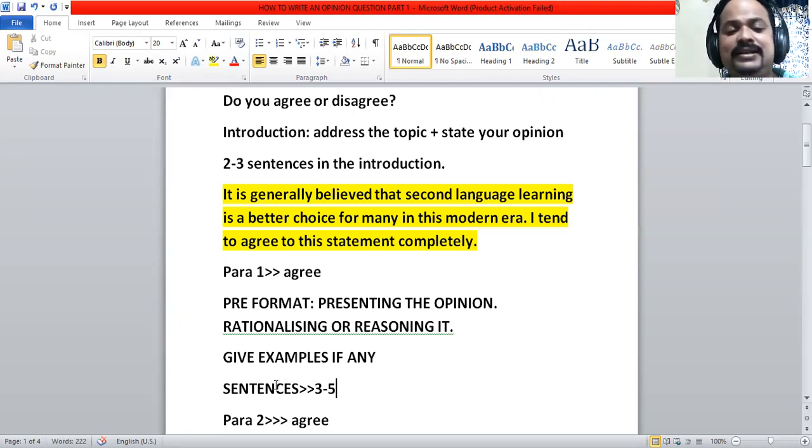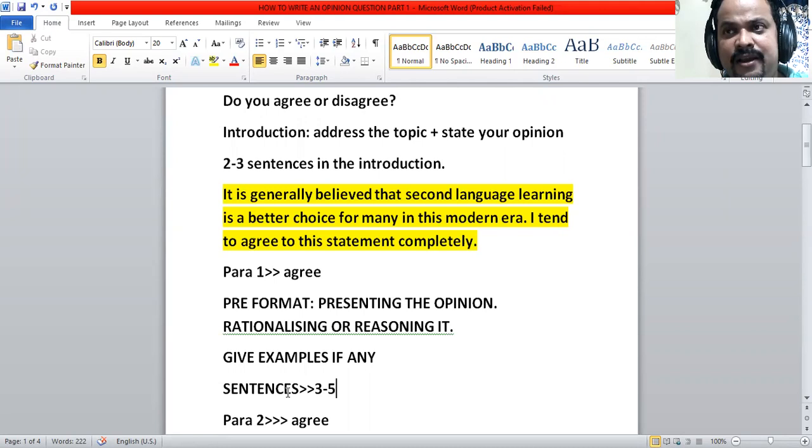So if you are writing 3 sentences, presenting the opinion in one sentence, explaining that statement, and giving examples, with minimum 12 to 13 words each, you naturally will cover around 50 words, minimum.